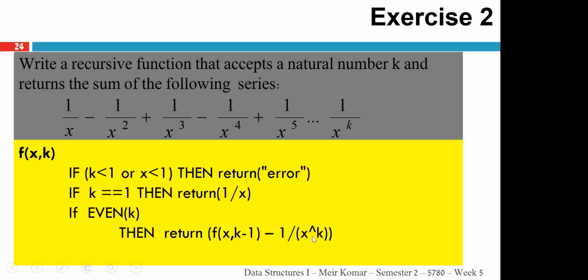In a lot of documentation you'll see this. There are some languages where that's how you write to the power of. In C++, we have the function called pow. But in some languages, you can do star, right? X star 2 is x squared. And there are languages that permit x caret k, meaning x to the power of k. That's what we're returning. We're returning this minus that. And if not, return that plus that.